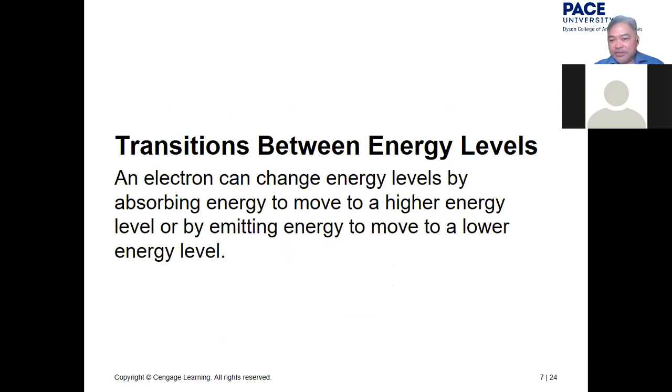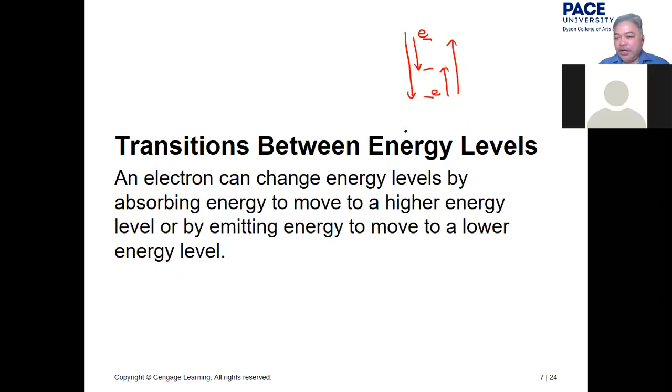Okay. So let's say you have different energy levels: first, second, third. If you're an electron, let's say you're here, you can move there, you can move there if you absorb energy. Okay. Or you can also emit energy: if you're here, you go here, or you go to that energy level.